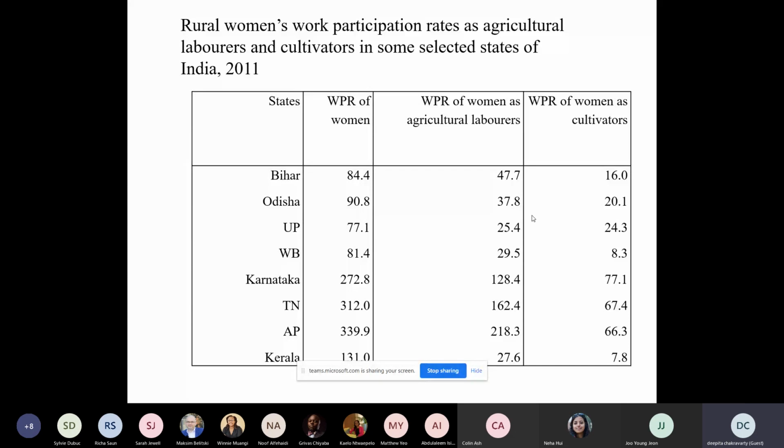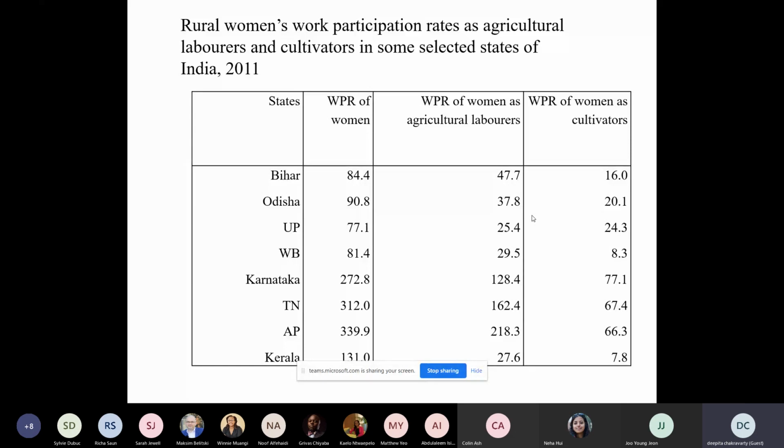But what we can see is this, the same pattern is emerging, right? We can see that West Bengal actually stands at a very low level of work participation rate in the census also. Okay? And on the contrary, we can see Tamil Nadu, Karnataka, and Andhra Pradesh have much higher levels of work participation rate of rural women compared to the eastern Indian states.